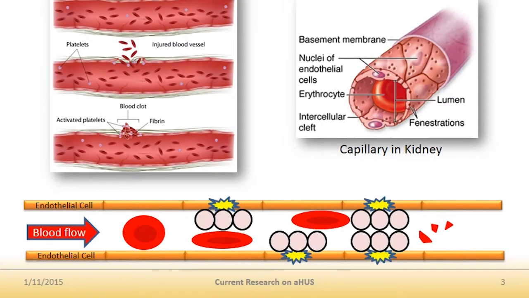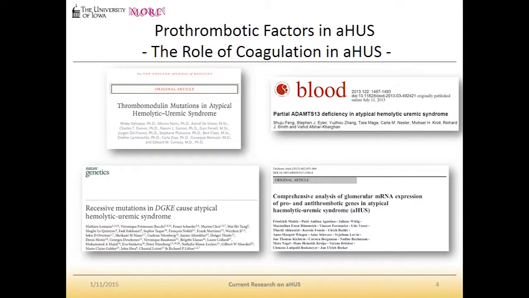And when the red blood cell passes by, it has to squeeze through those blood clots, and sometimes it breaks. That's why you see schistocytes or hemolytic anemia in those patients. So clearly, as we discussed, the coagulation pathway is also involved in aHUS.